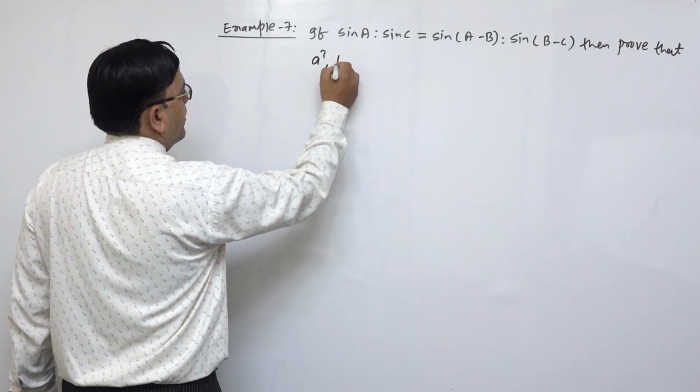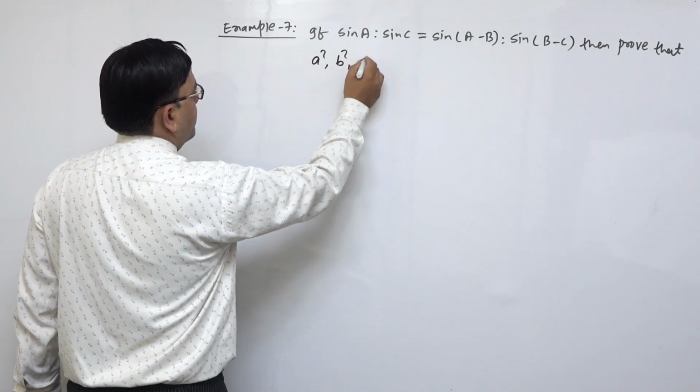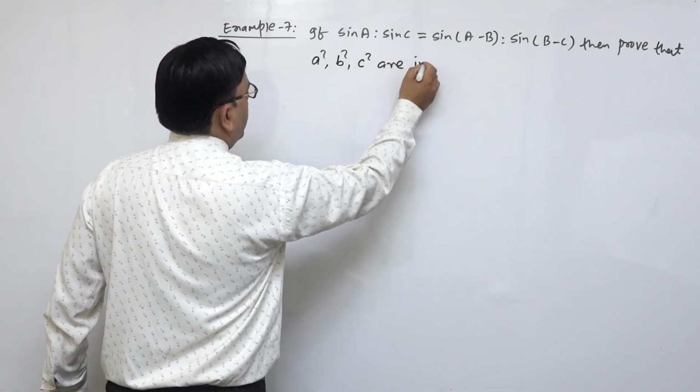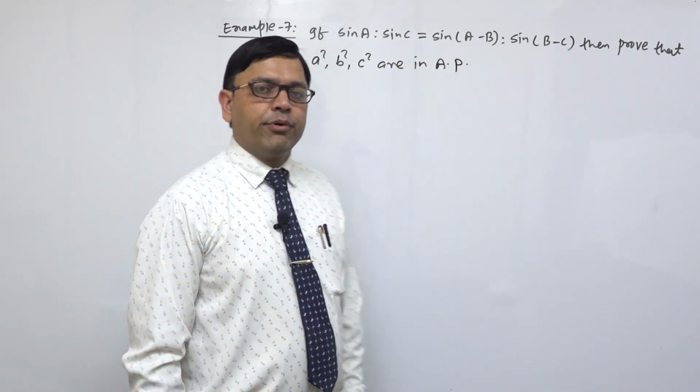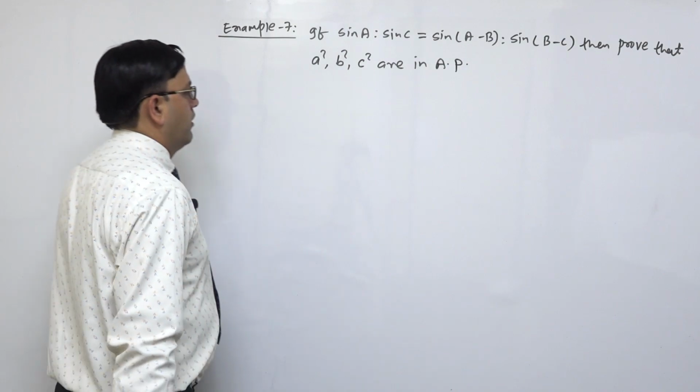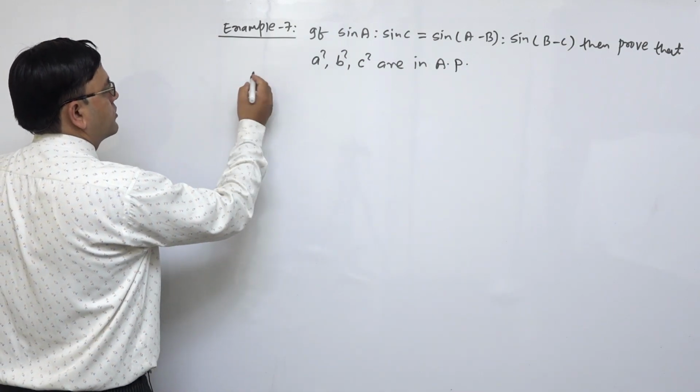A square, B square, C square are in arithmetic progression. AP means arithmetic progression. Now, solution.